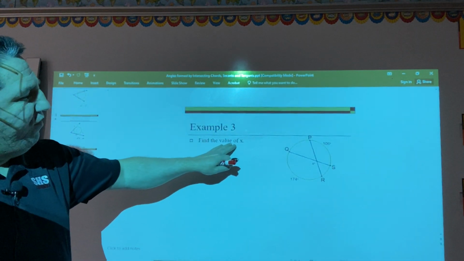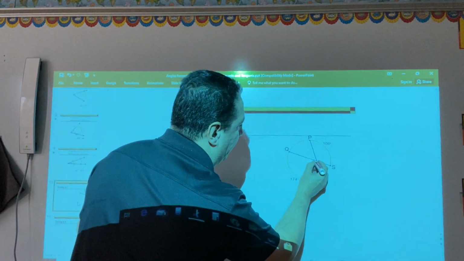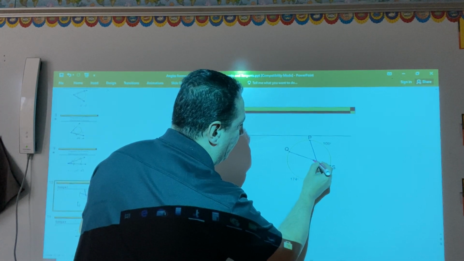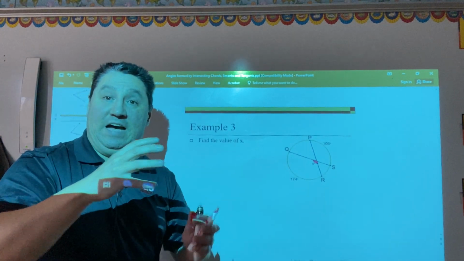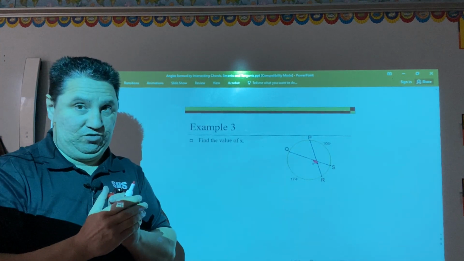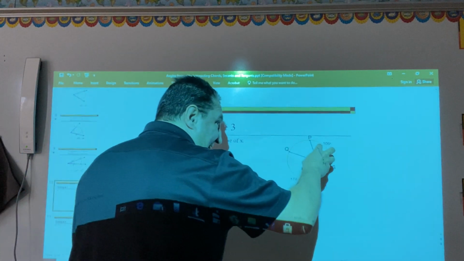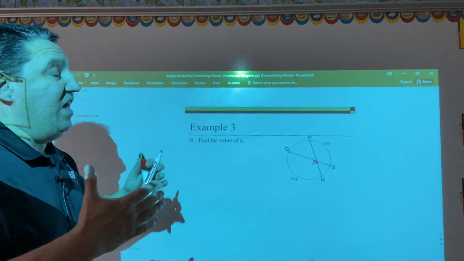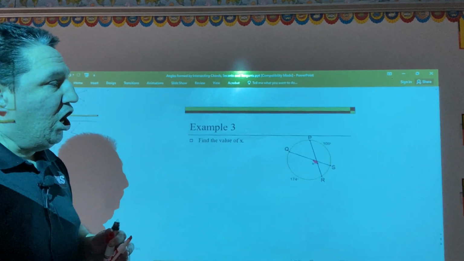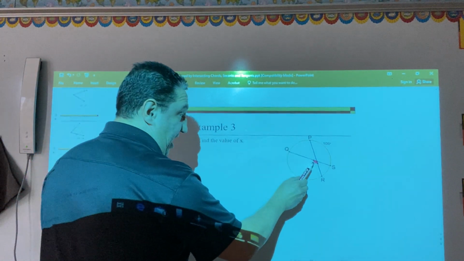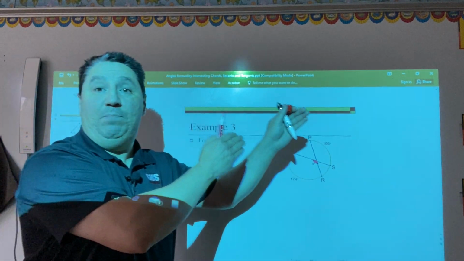First example here, find the value of x. In other words, this angle. As we can see, we deal with an interior intersection, because the point of intersection between these chords is inside the circle. Because we deal with an interior intersection, we know the measure of this angle would be half of the sum of the intercepted arcs.